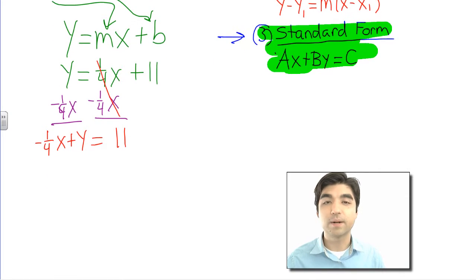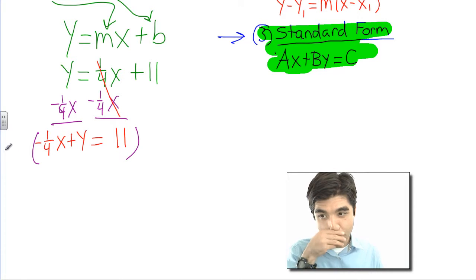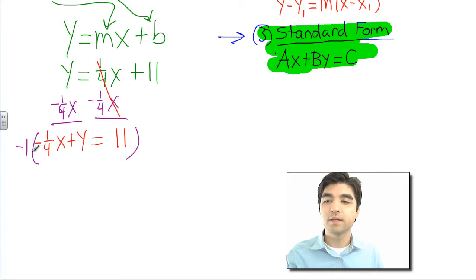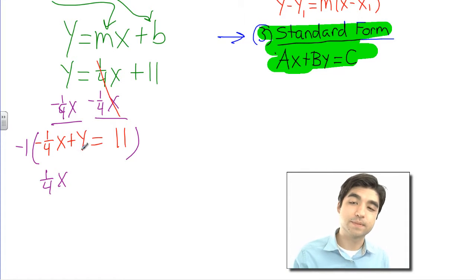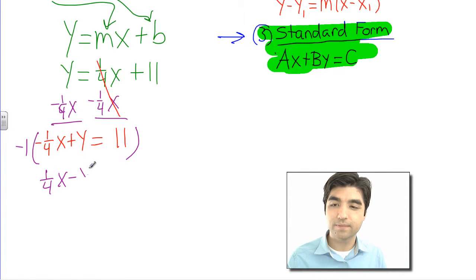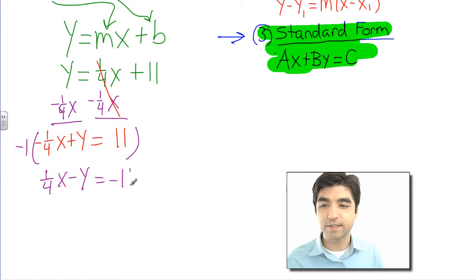Okay, so we have the problem with the negative. So we need to take everything times a -1. So -1 times -1/4 equals a positive 1/4 x, and then -1 times plus y equals -y, and then -1 times 11 equals -11.